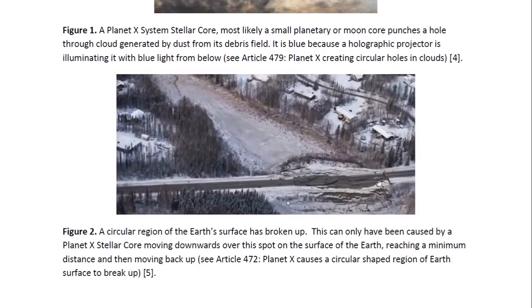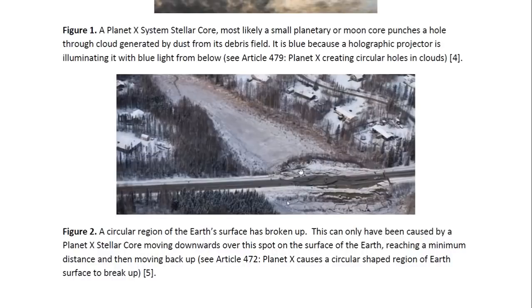And these objects also break up the surface of the Earth, and what you see here is a circular region of the Earth's surface that has broken up, and this can only have been caused by a Planet X system stellar core moving downwards over this spot on the surface of the Earth, reaching a minimum distance and moving back up again. And you may look at article 472 entitled Planet X Causes a Circular Shaped Region of Earth's Surface to Break Up.